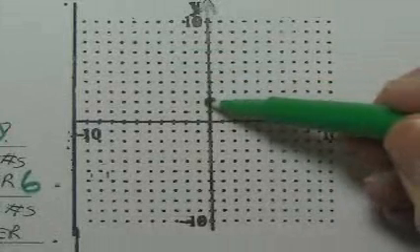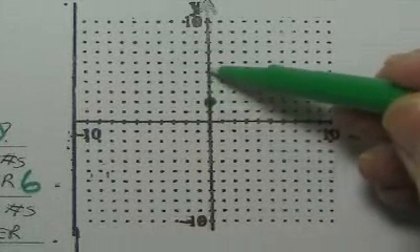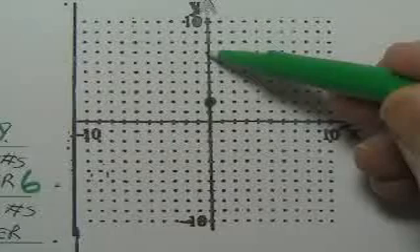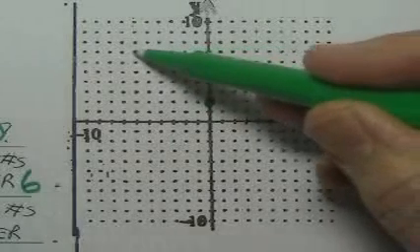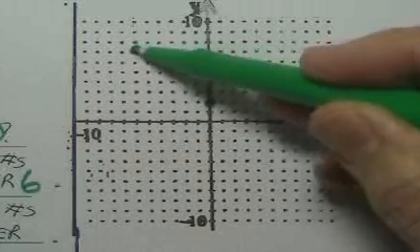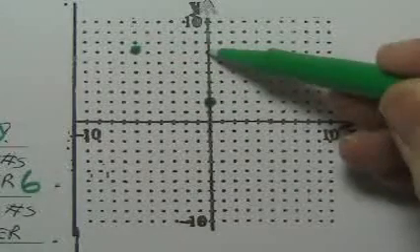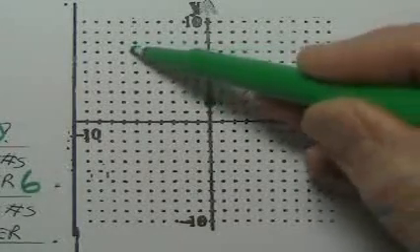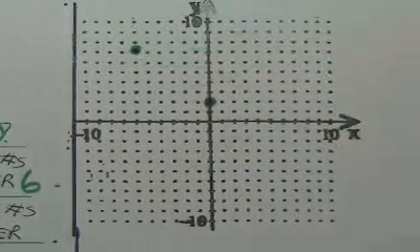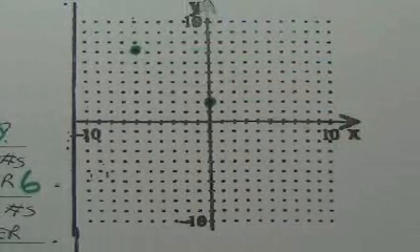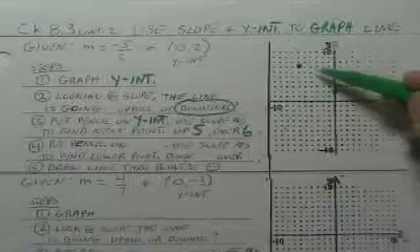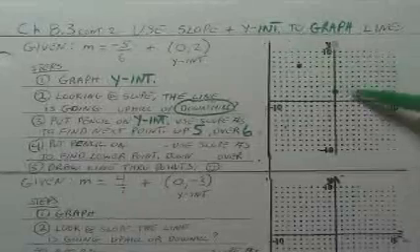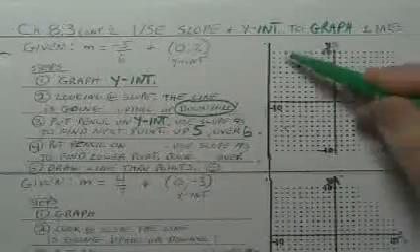So I'm going to go up 5, 1, 2, 3, 4, 5, and then over 6, 1, 2, 3, 4, 5, 6. And I put a dot there. I went up 5 spaces and over 6. Again, I went up and to the left because I want it to be a negative slope. If I went to the right, it would be a positive slope. I want a negative slope.